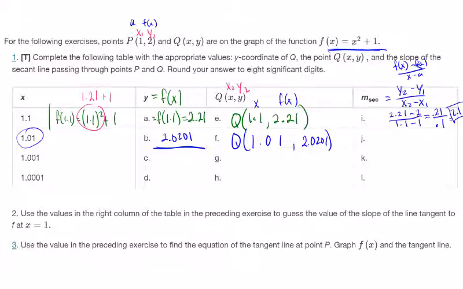So it'll be 2.0201 on top minus regular 2, and on the bottom it's 1.01 minus 1. So it becomes 0.0201 over 0.01, and what that'll turn into is 2.01.